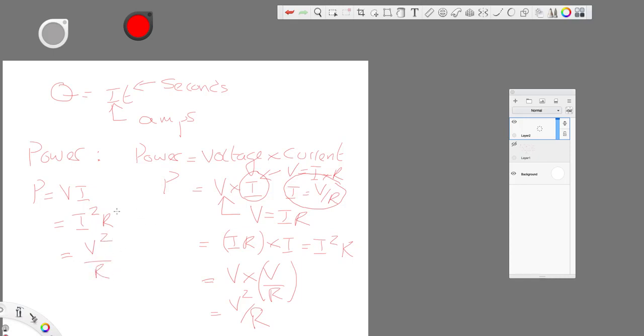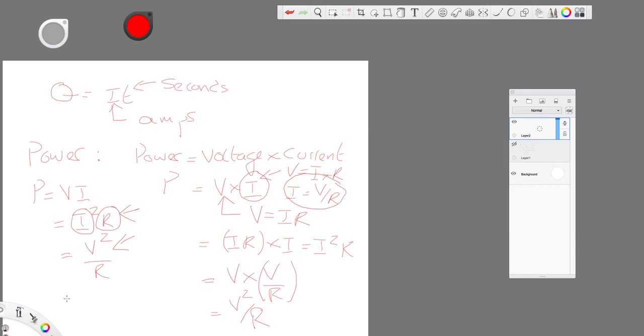Now, this one you don't need to know most of the time, but you will need to use it for the Isaac Physics questions. This one is very useful because it tells you the energy lost in a cable. The cable, overhead cable, national grid, has a resistance and there is a current flowing through it. You can see if I double the current here, I'm going to have 4 times the power lost.